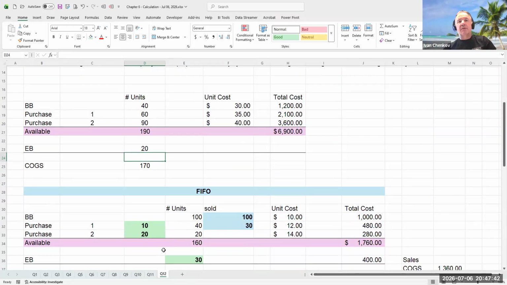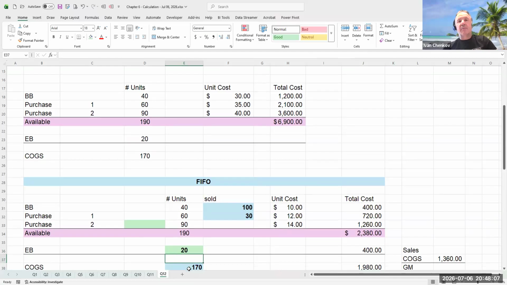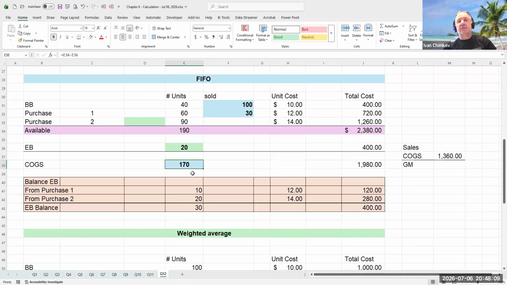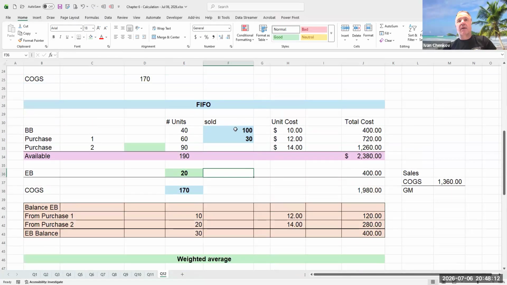Having in mind this calculation, let's go to the next sheet. In the next sheet, what you have to do? The first in, first out. You just have to manipulate the numbers. How many left? 20 left. How many we sold? 170 sold. Okay, which one we sold?